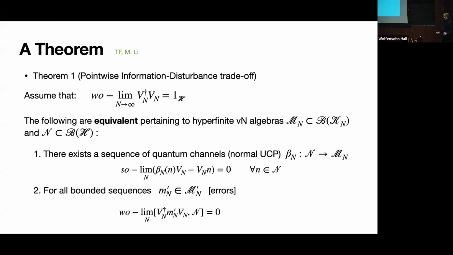This works for any two states in the Hilbert space, but I have to fix them. I'm not allowed to take sequences of such states. I have to fix them once and for all, and then take the limit of V_n dagger V_n. So that's the weak operator limit.